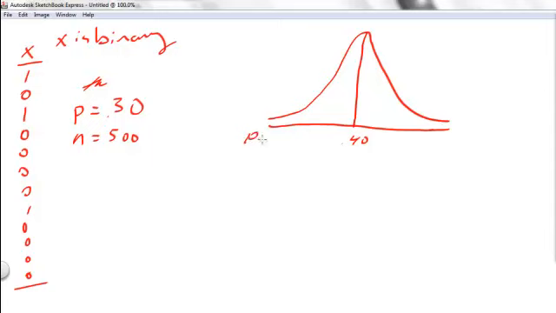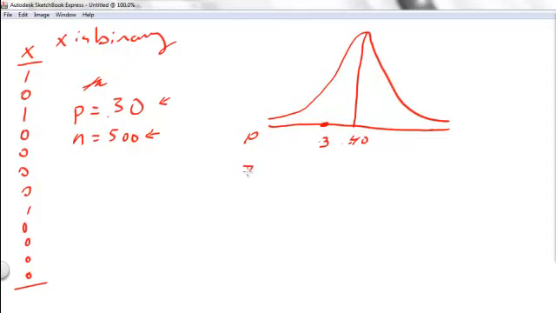So all of our proportions are across here. The mean proportion, or pi, is 0.40. We took a sample of 500 and calculated a proportion of 0.30. So here we go, there's 0.30.